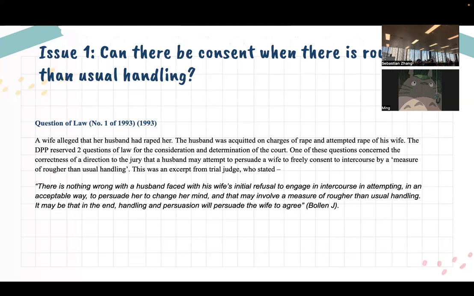Is it possible to get this consent by measure of rougher than usual handling? Because I think the judge says there is nothing wrong with the husband, faced with his wife's initial refusal to engage in sexual intercourse, attempting in an acceptable way to persuade her to change her mind, and this involves rougher than usual handling. Okay, and then it went on appeal.